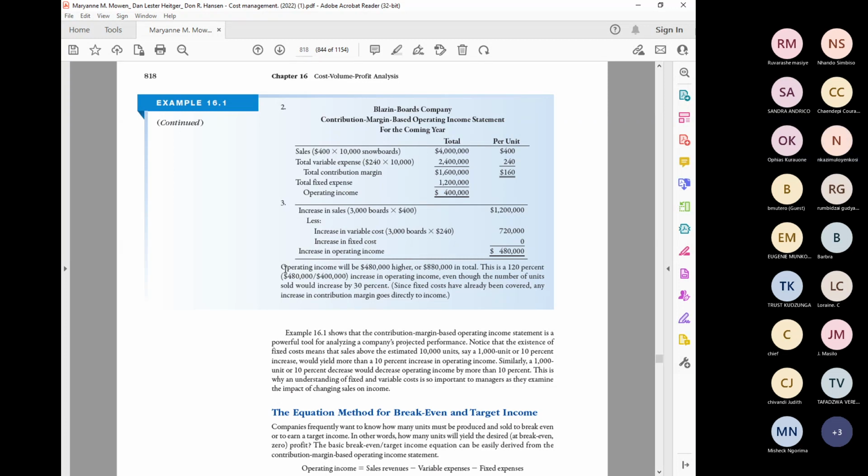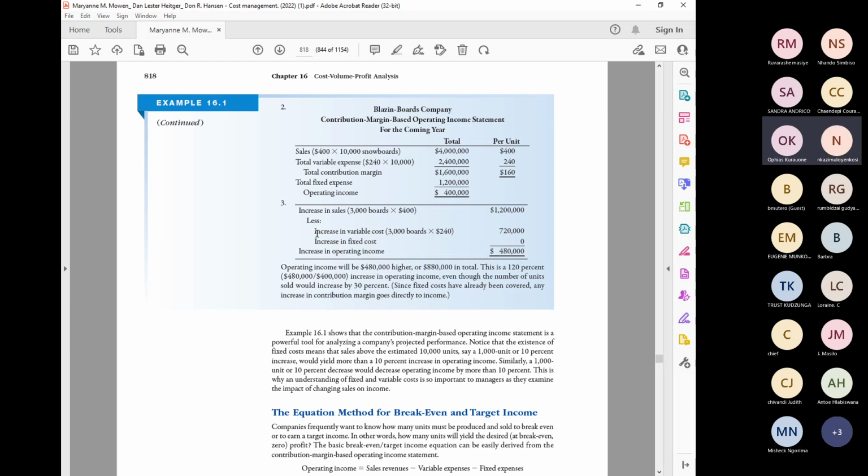Continue. Increase in sales: 3,000 boards times 400. What is the implication?